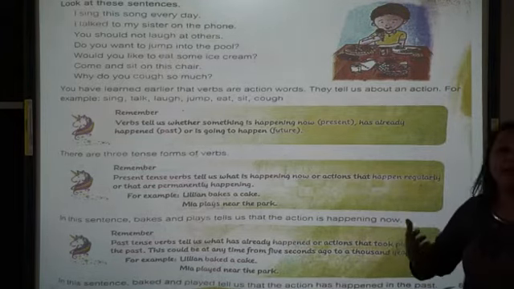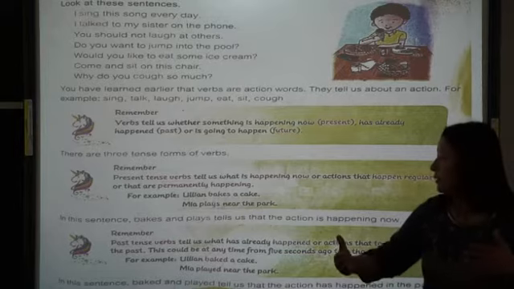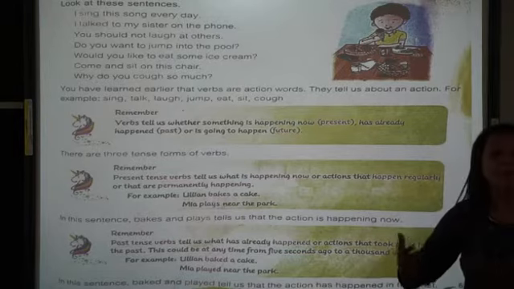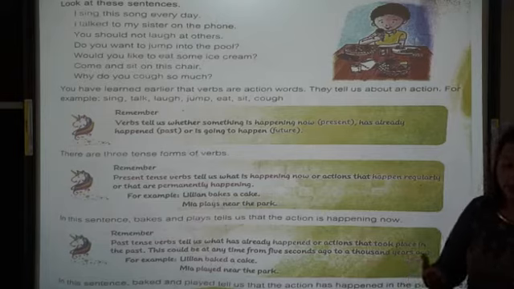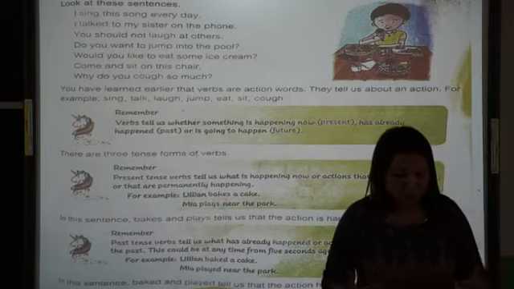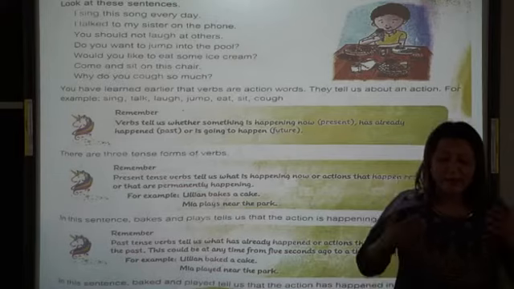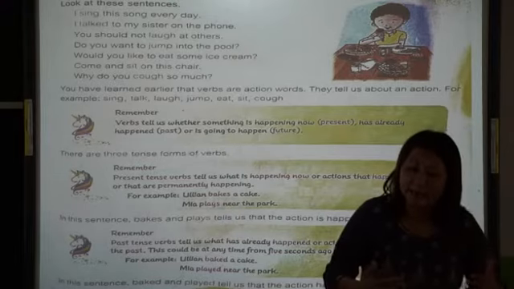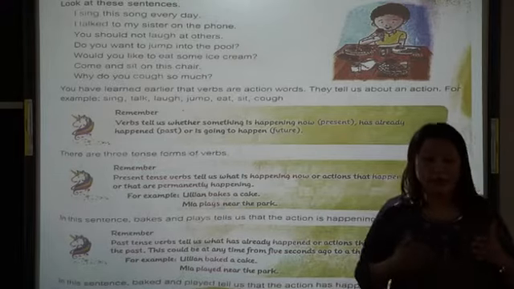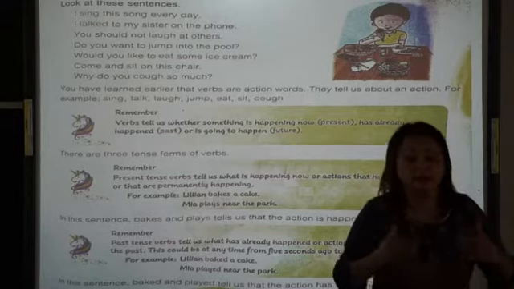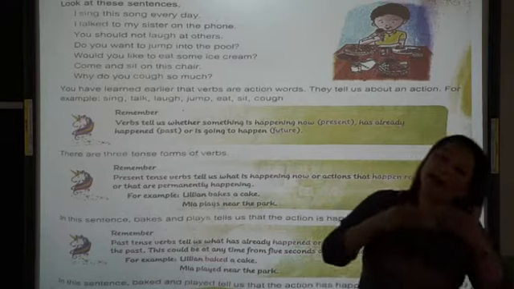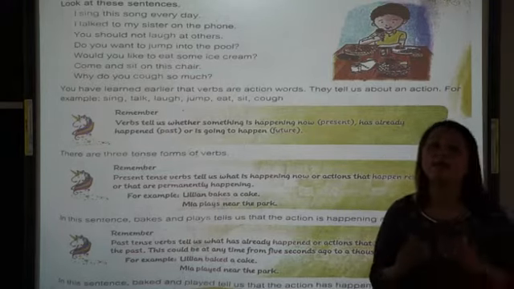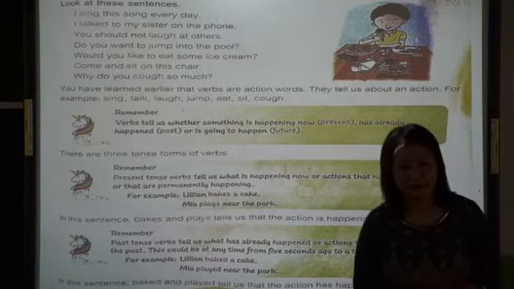She is playing in the park. Lillian bakes a cake. So, in this case, the verb in simple present tense simply ends with s or es.